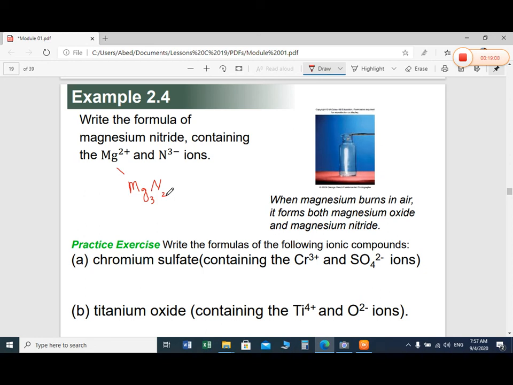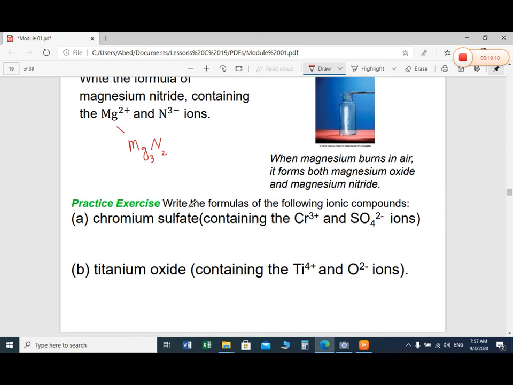Okay. Similarly here, chromium sulfate. We write the chromium first, and because this is 2 negative charge, chromium will be 2 atoms. So we write 2, and here sulfate is the polyatomic anion.